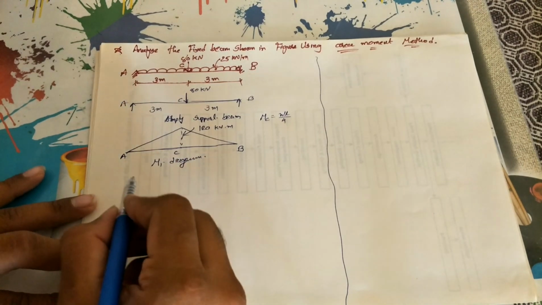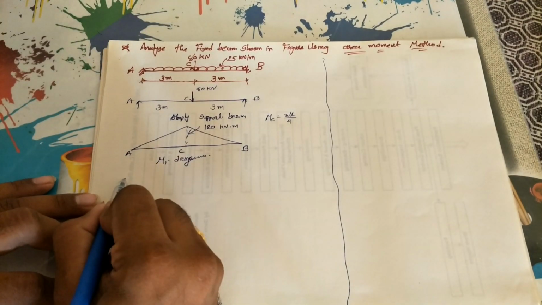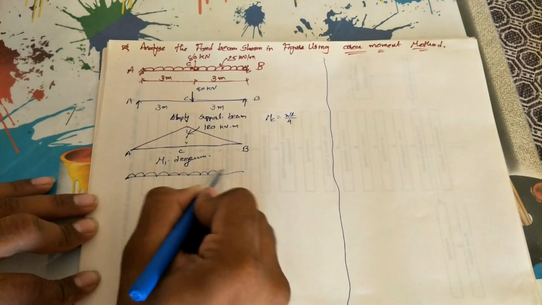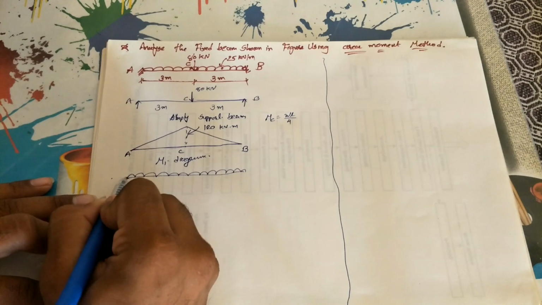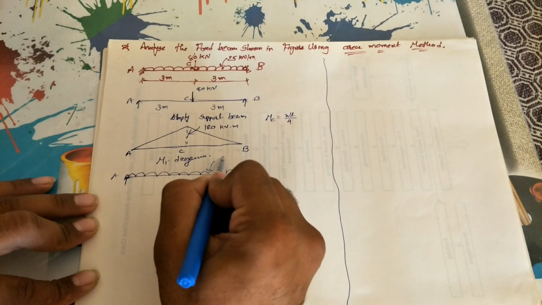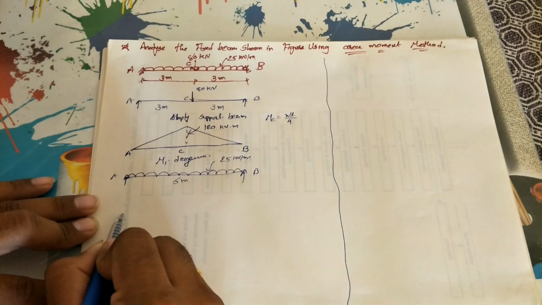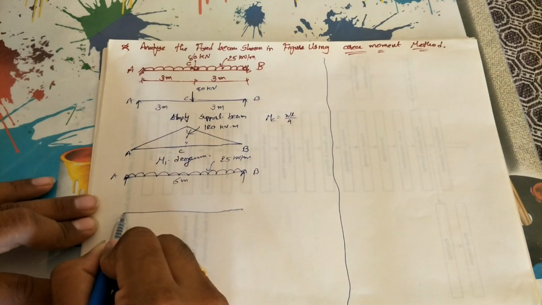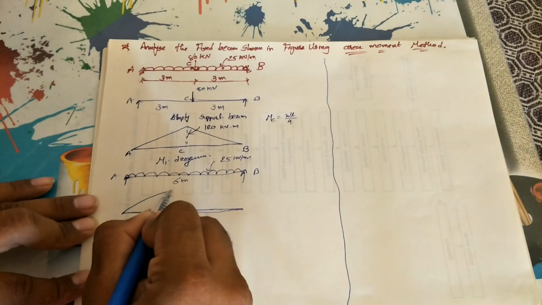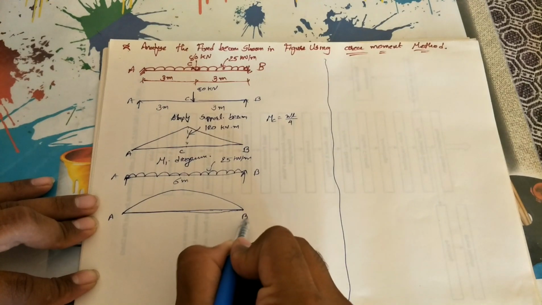This diagram is known as the Mu1 diagram. Now I will draw another simply supported beam with UDL on entire span, that is 25 kilonewton per meter, 6 meter span. Whenever a simply supported beam has UDL on entire span, the moment at center is WL square by 8.